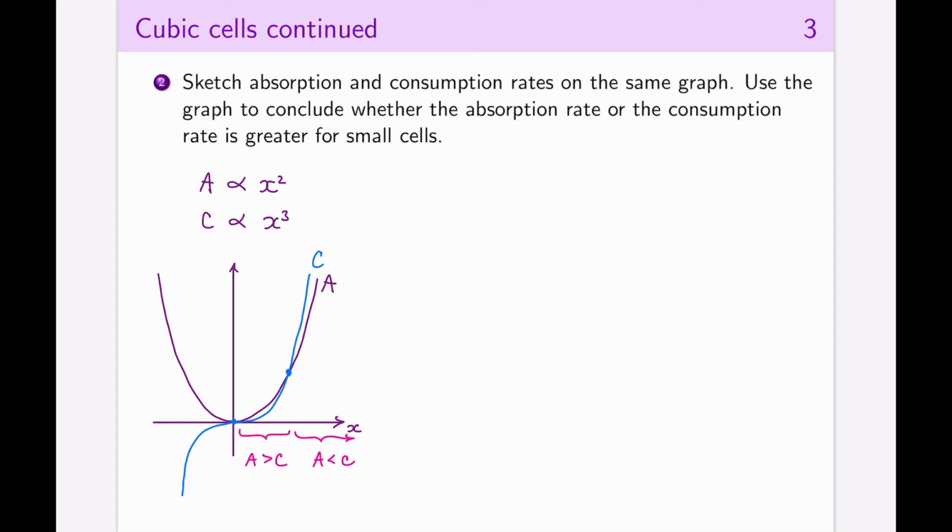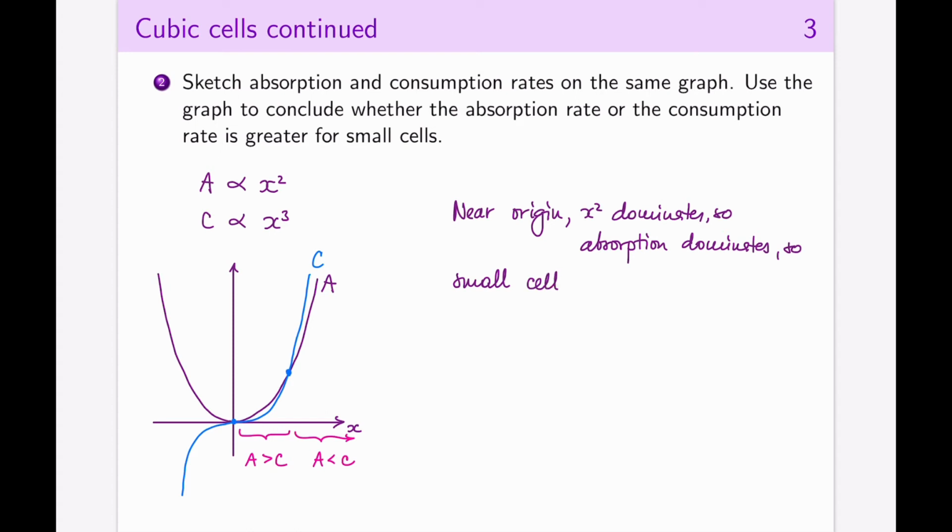To sum up, near the origin, the graph of x squared dominates, which means that the absorption dominates, which in turn means that the cell is able to survive. So small cells are able to absorb more nutrients and therefore live.